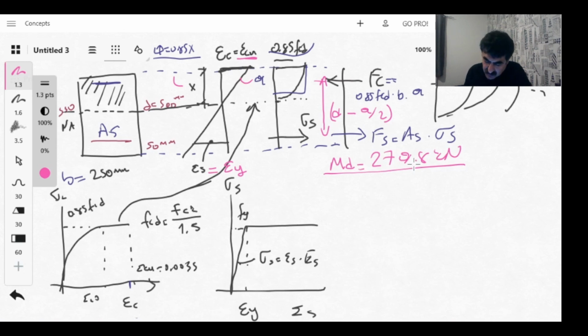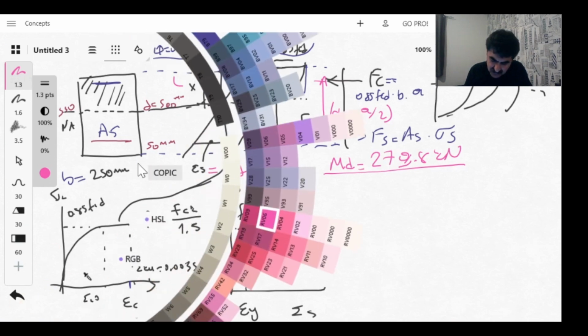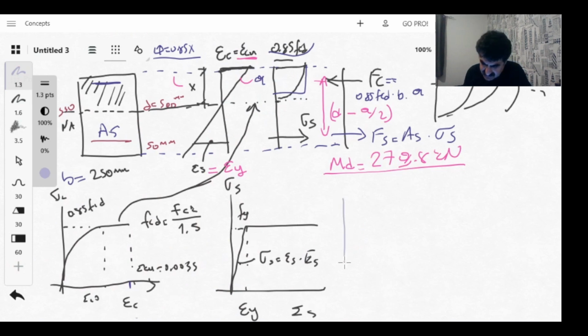And compare this balance moment with the design moment. So what is the balance moment? I want to derive it again. So in the balance moment, epsilon s will be epsilon y, and this will be epsilon cu, which is equal to, let's say, 3.5 in 1000.